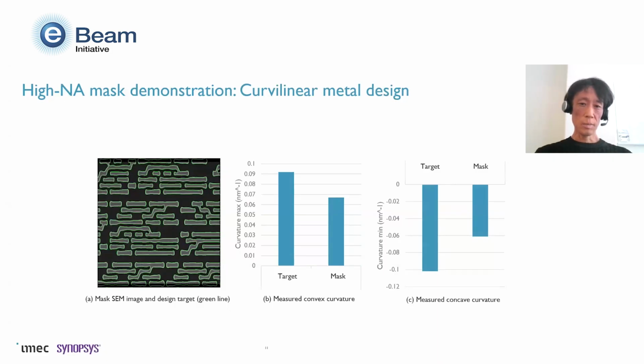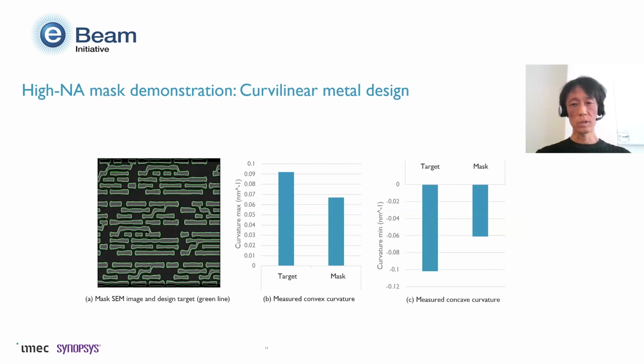So, after establishing the curvature rules using the test structures, we moved to evaluate the curvature methodology on realistic use case logic metal patterns. This compares target contours and measured mask contours for both the convex and the concave regions.